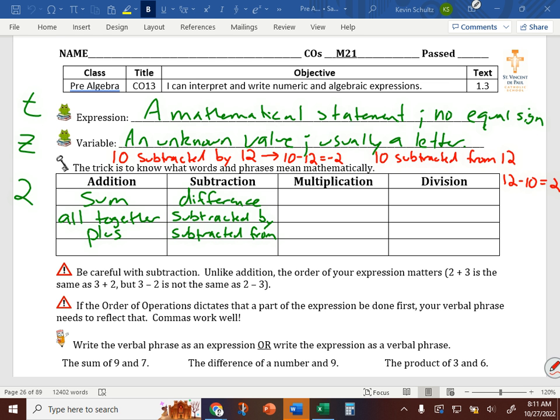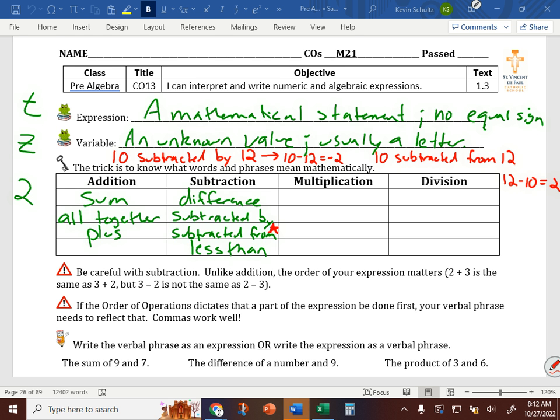One little word is different, but it means that the order is flip-flopped from what you see, and our answer is different. So I'm going to star this one, subtracted from, because that order causes it to change. The order you see the numbers is actually different from what it's telling you to do. And the other subtraction phrase, where you also have to switch it like that, someone said less earlier, is the phrase less than. Less than, okay?